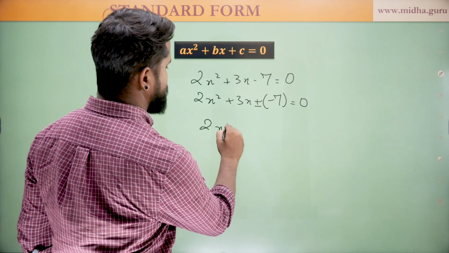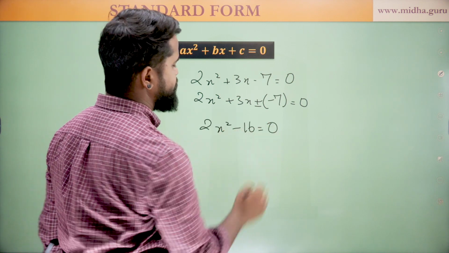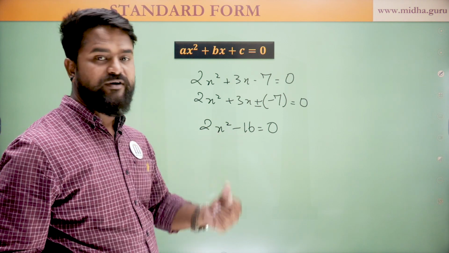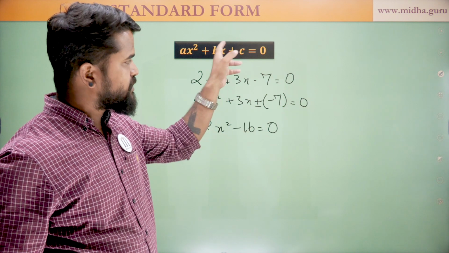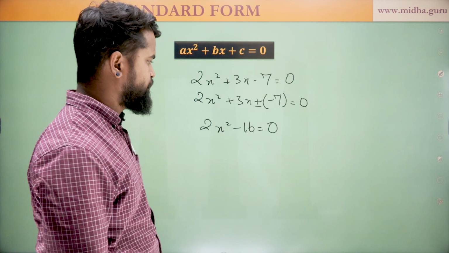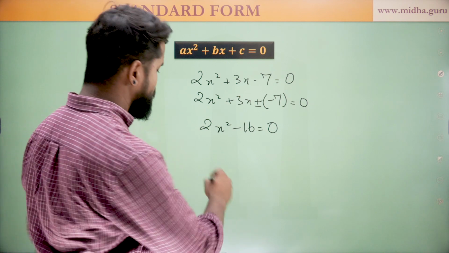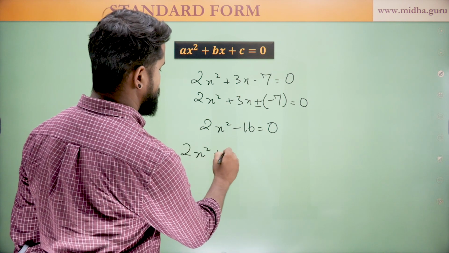Now look at the equation on the board. It says 2x squared - 16 is equal to 0. You can say that we have a squared term and a constant term, but the linear term, that is bx, is missing. So does this qualify as a quadratic equation? If your answer is no, just look at what I do ahead.